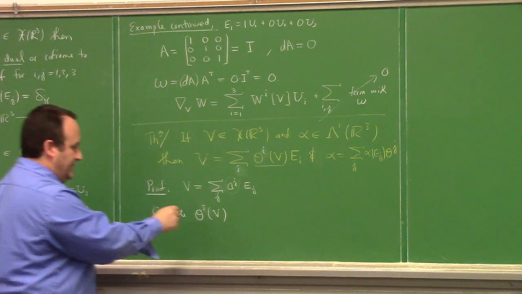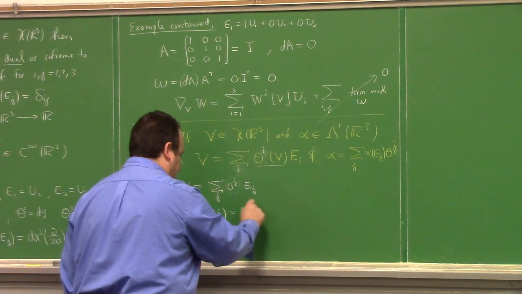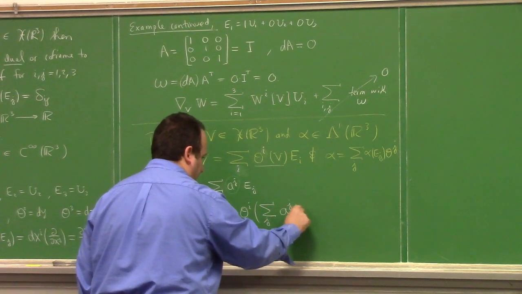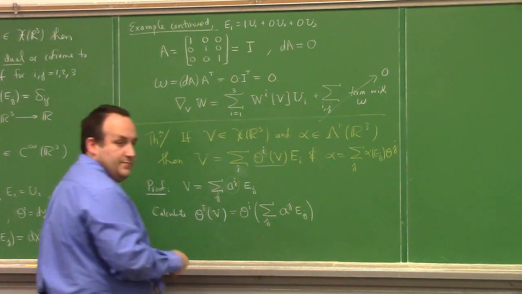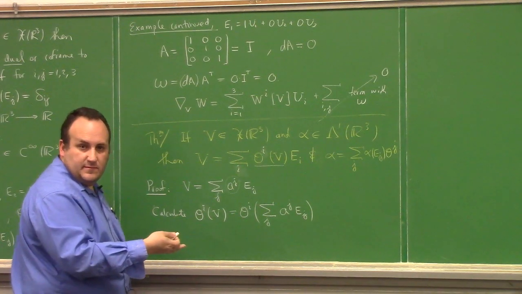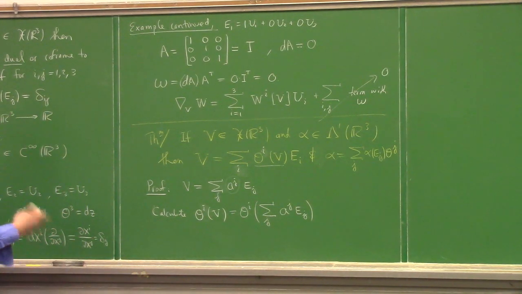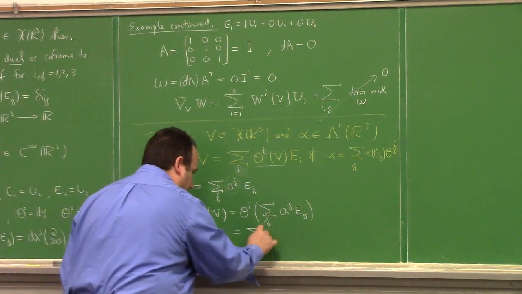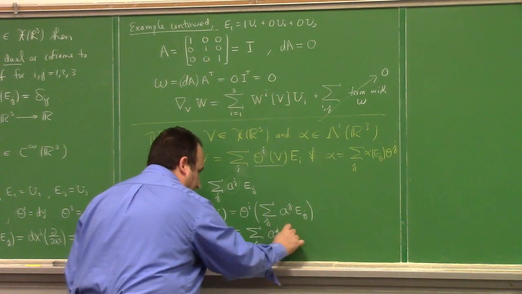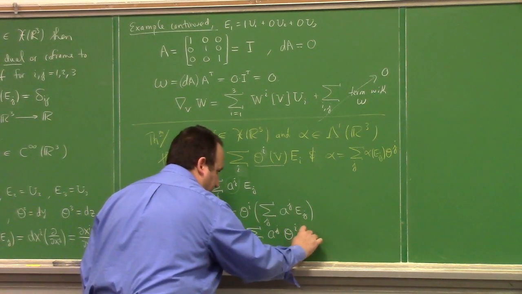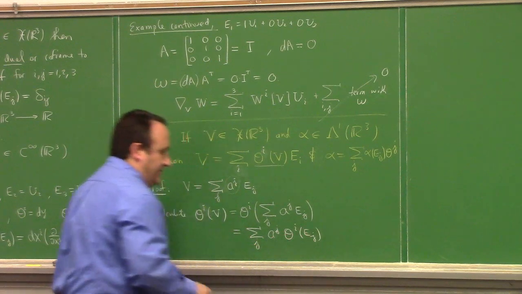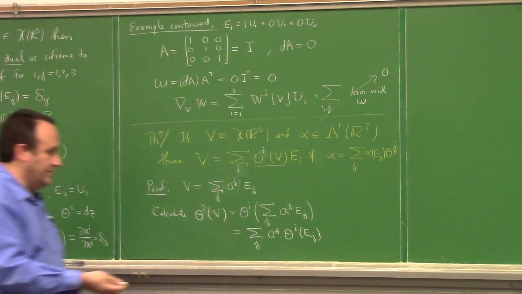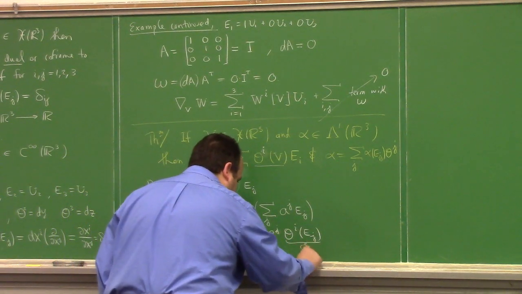Theta i on v is what? It's theta i on the sum over j of a upper j e_j. But theta is assumed to be linear on vectors, so I can pull the sum and the numbers out. And what do I have? I've got theta i on e_j. By assumption that theta is a coframe, that's the Kronecker delta ij. What happens to this sum?